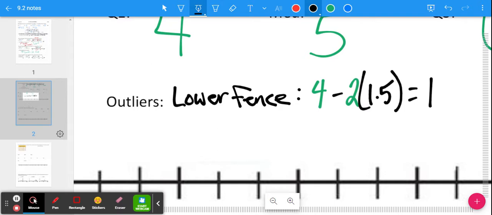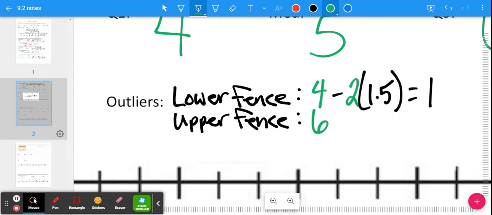And then we can find our upper fence, which is your Q3, which in this situation was 6, plus your IQR, which is 2, times 1.5. When you plug that into the calculator, you get 9.